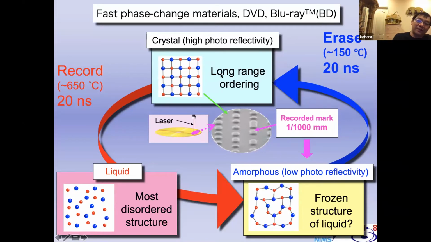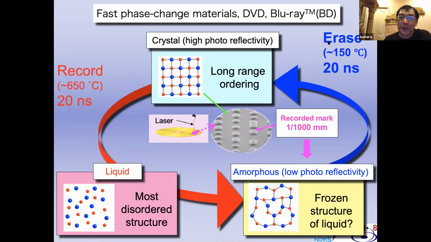So actually, Panasonic people are interested in this fast erase process. But this erase process is important only for rewritable media. Unfortunately, rewritable media is not so commercially successful, because most people do not care too much about rewritable media, only some Japanese.